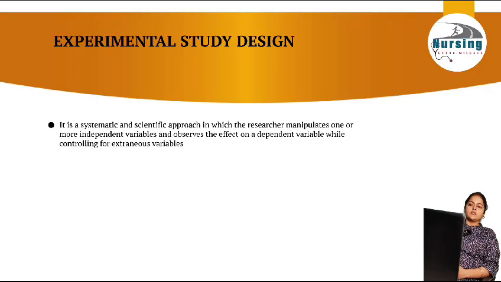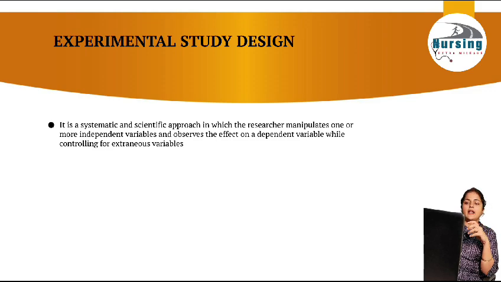So let's discuss what is experimental study design now. So in experimental study design, what happens? A study can have different variables. So from one or more independent variables, I can have effect over the dependent variable. So in experimental study design, a researcher can change the effect by manipulating the variable.